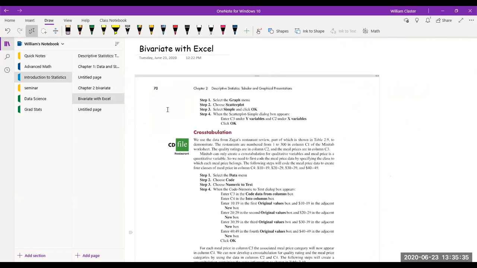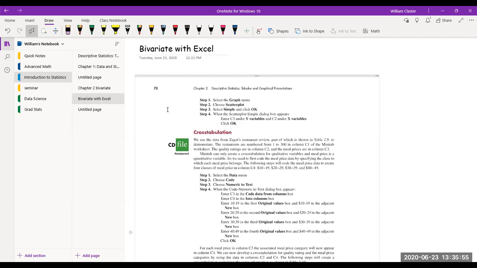So we talked about bivariate data today, and we talked about if the data is numeric, then we can do a scatter plot. And if it's not numeric, then we do a table, or what's called cross tabs or cross tabulation.